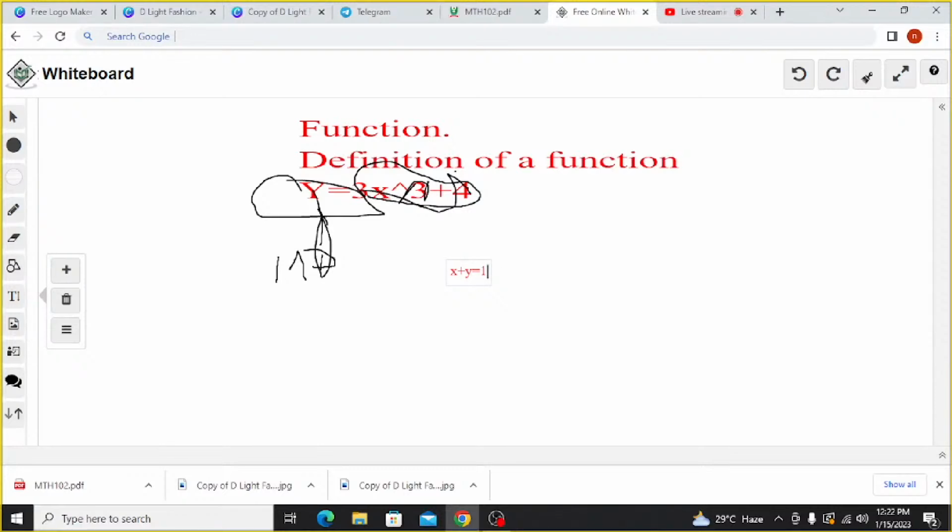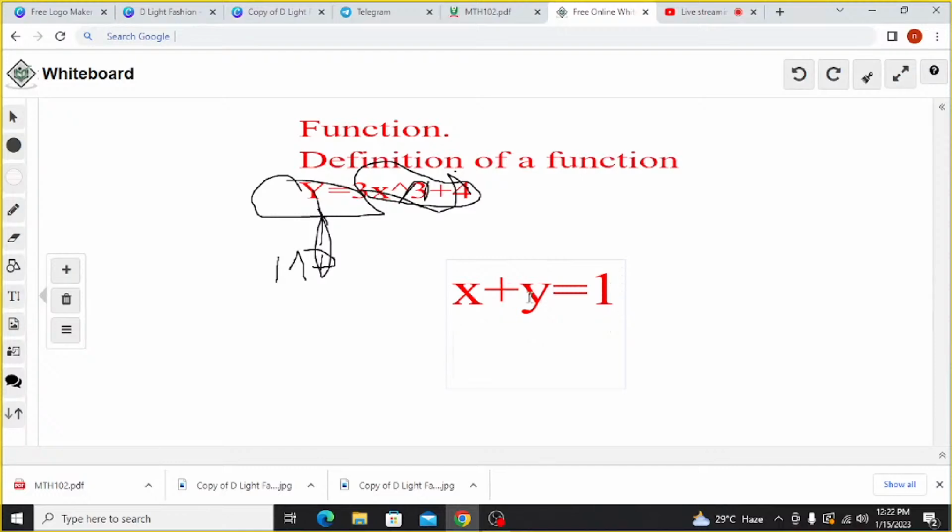Now we want to find the value of y. To find the value of y, we make y the subject of the formula.